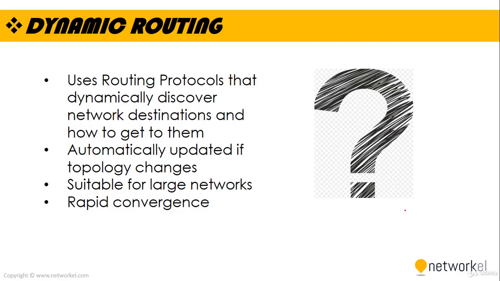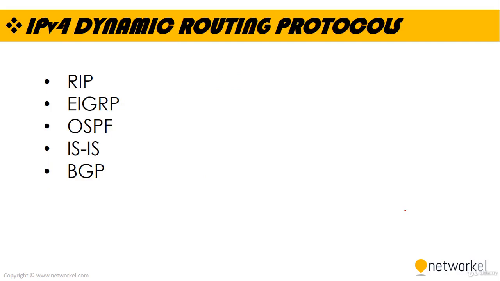Examples of routing protocols are RIP, EIGRP, and OSPF. So, the dynamic routing protocols that we can use in an IP version 4 environment are, as I told you, RIP, EIGRP, OSPF, plus IS-IS and BGP.